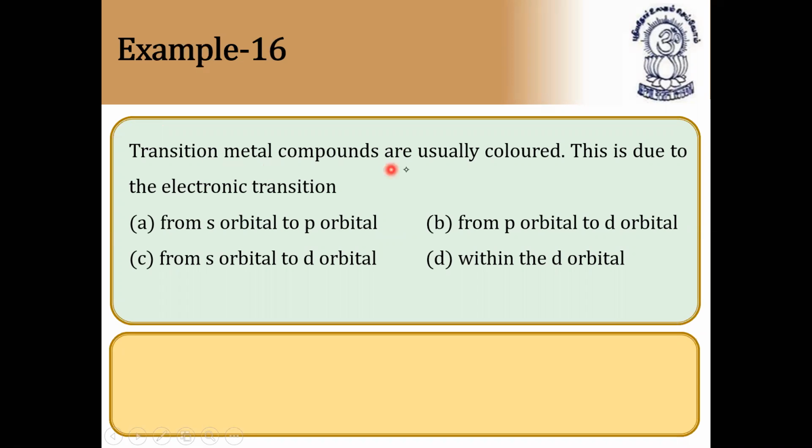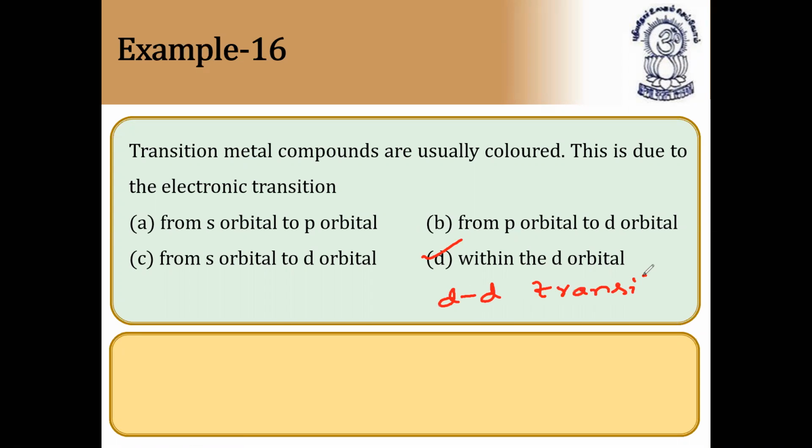Transition metal compounds are usually colored. This is due to the electronic transition from s orbital to p orbital, from p orbital to d orbital, s to d orbital, or within d-d orbitals. So already we know the answer is D because transition metals exhibit color due to the d-d transition.